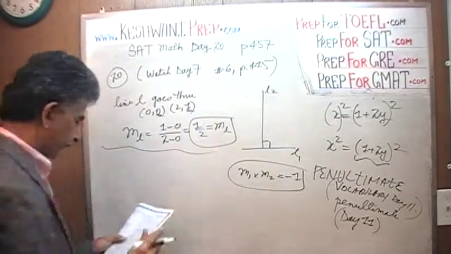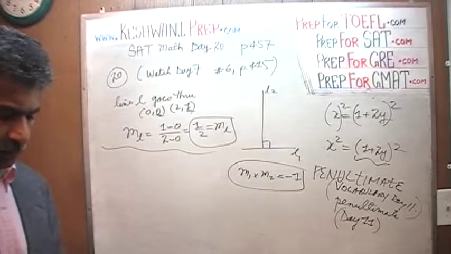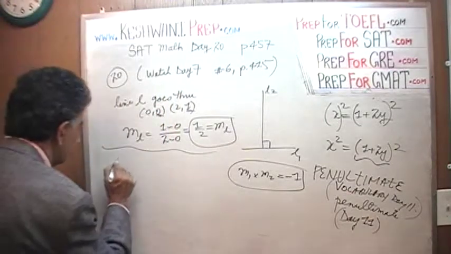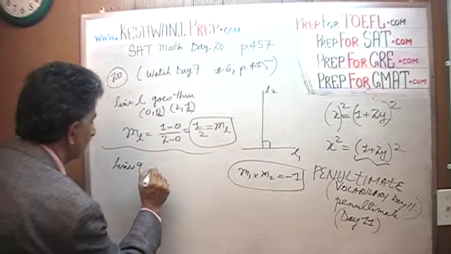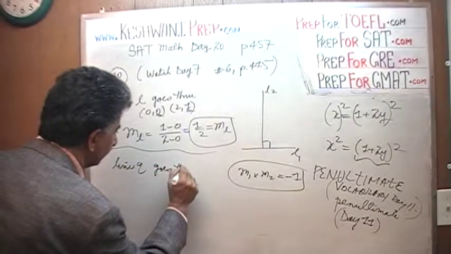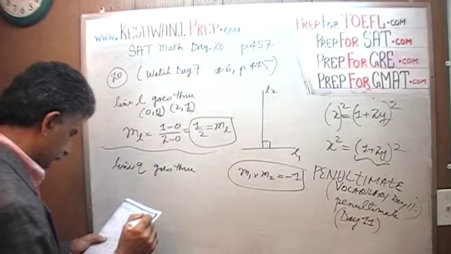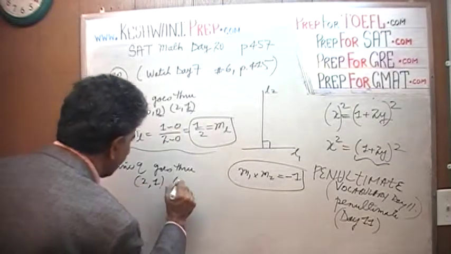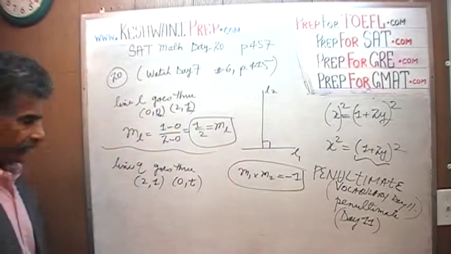Then they go on to tell us that line Q goes through (2, 1) and (0, t). Again, same thing.